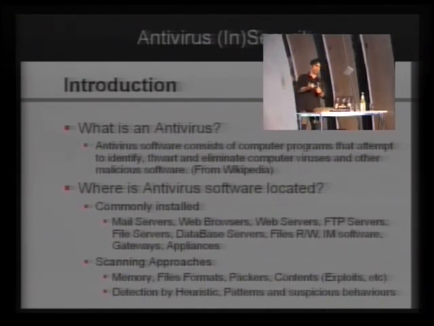We have them on the mail servers, in our web browsers, in our web servers, especially when we have to upload and submit things. We have locally installed antiviruses that scan the file system, and on gateways and in the servers that hold FTP and file sharing. We have them in the file server, and in the database whenever we upload, download and write things.